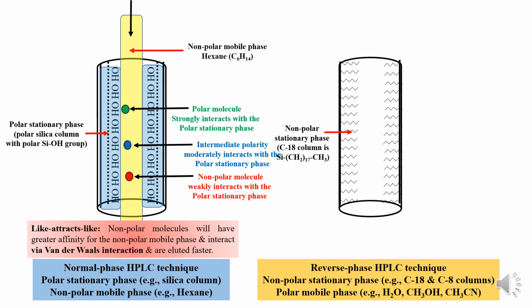And this long hydrocarbon chain confers non-polarity to the stationary phase. Now C18 column in comparison to C8 column is more non-polar in nature because of the number of carbon atoms. So C18 column is constituted by 18 carbon atoms, while in case of C8 column it is constituted by 8 carbon atoms.